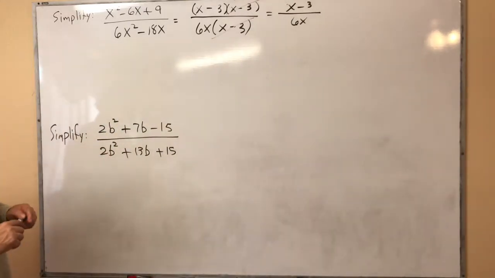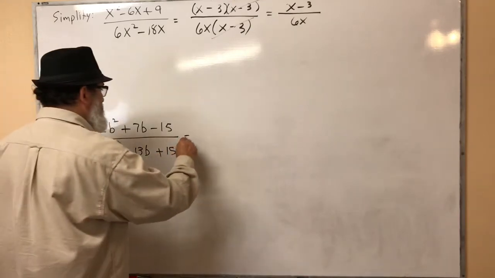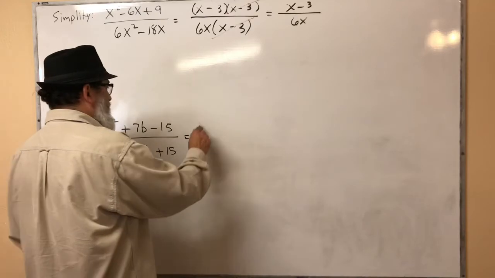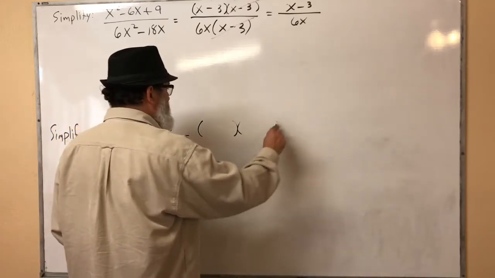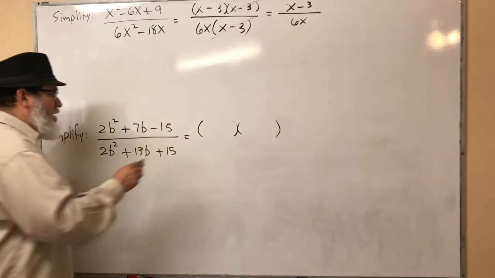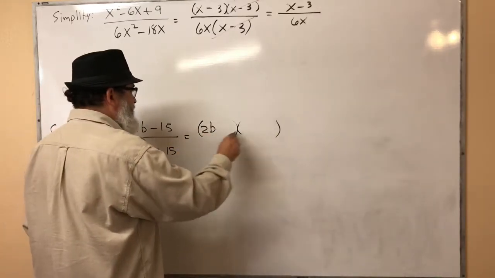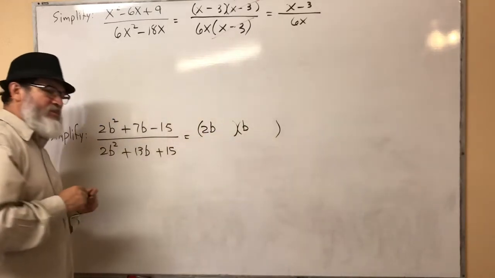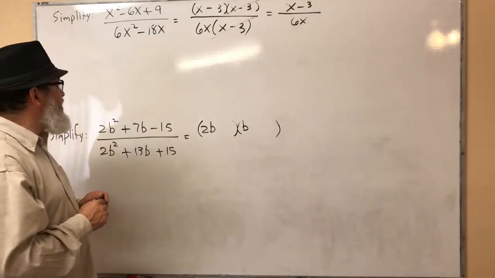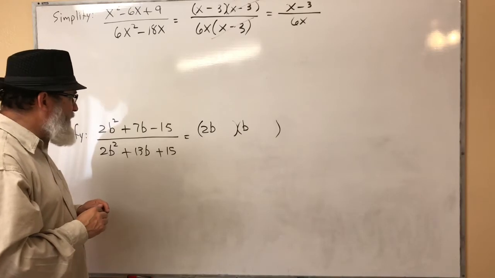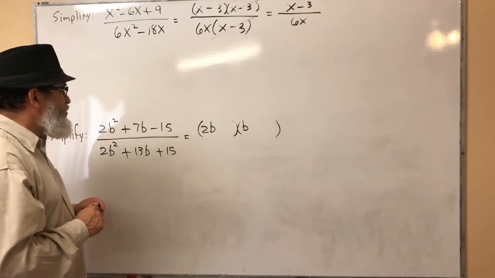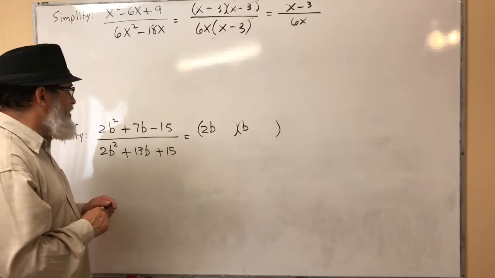Let's do the bottom. Factor the top. Okay, take out the greatest common factor, which is 1. It doesn't make a difference. For this 2b squared, I'm going to say 2b times b. That's 2b squared. From this negative 15, can I just say 3 times 5, right? 3 times 5 is 15.